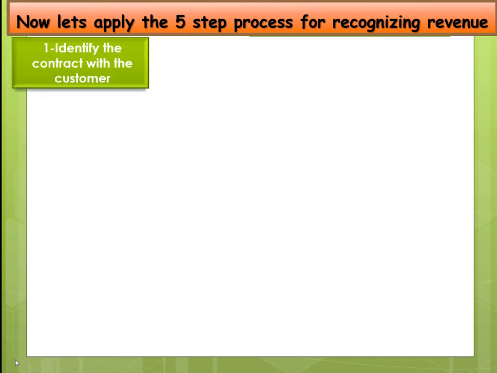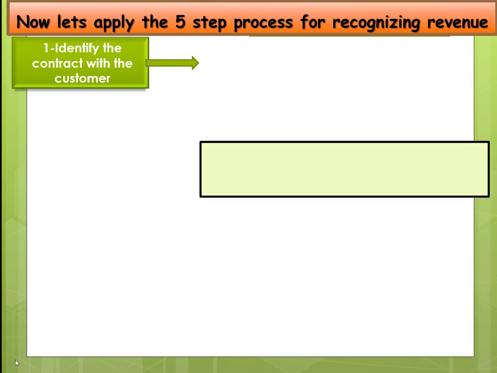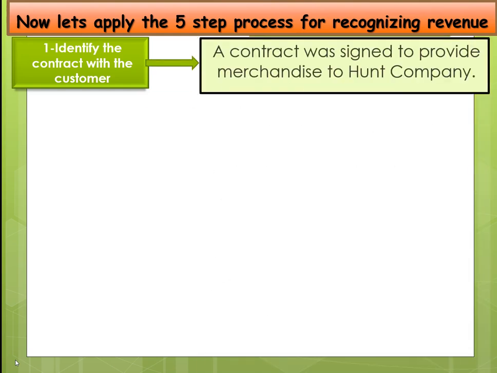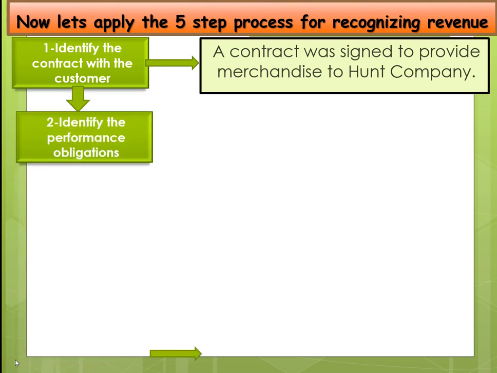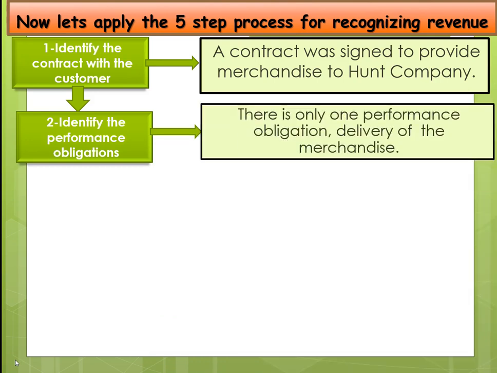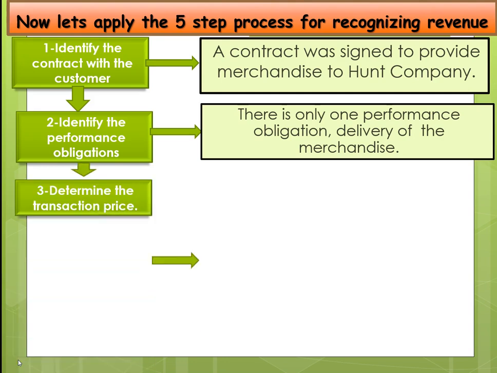1. Identify the contract with the customer. In this case, a contract was signed to provide merchandise to Anmont. 2. Identify the performance obligation. There's only one performance obligation, delivery of the merchandise. 3. Determine the transaction price.